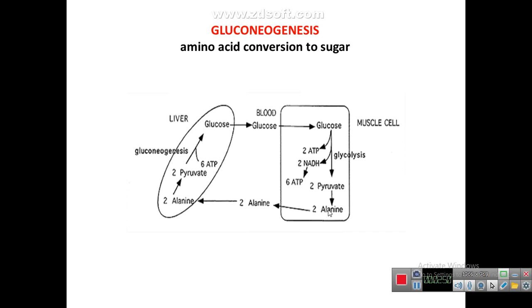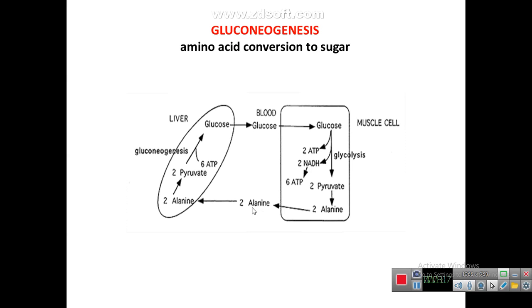Cells involved: the muscle cell, and this is the liver cell, that is the hepatocyte. In the muscle cell, whenever energy is needed, glucose will undergo glycolysis, resulting in the release of ATP. At the end of glycolysis, pyruvate is produced. If no more energy is required, this pyruvate can convert into the amino acid alanine.